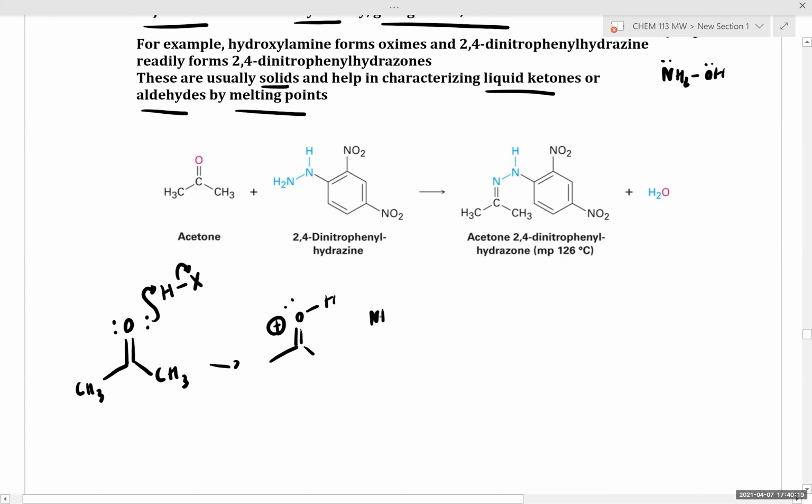From here, our nucleophile, I'm going to abbreviate this aryl group as R, just to showcase this is a very general mechanism. From here, our nucleophilic amine nitrogen will attack the electrophilic carbonyl carbon.